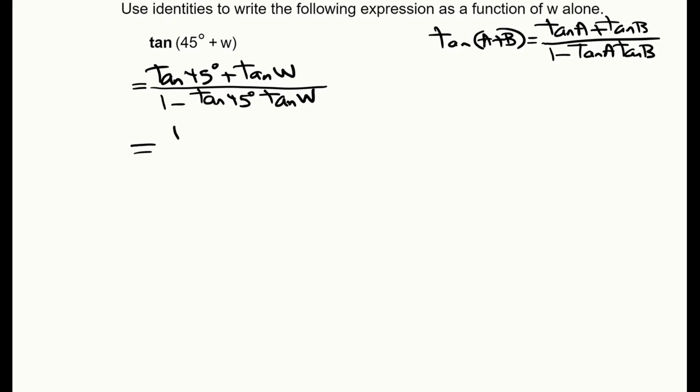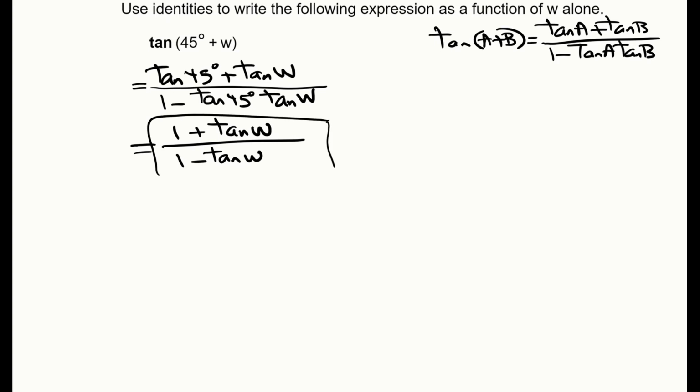We know that's 1. So we get 1 plus tangent of w over 1 minus, we know again tangent of 45 is 1, times tangent of w. So we just get tangent of w. And that's it. We've written it as a function of w alone. We don't have any angles in there. We should be good to go.